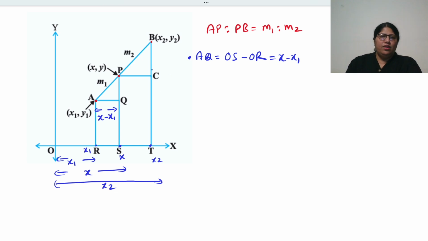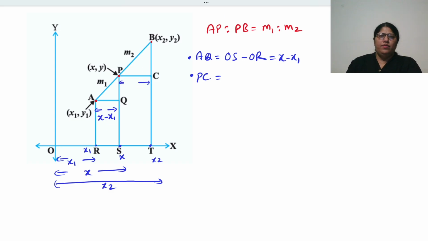Similarly, PC is another horizontal length, of triangle PCB. If you want to find this length, the total length is x2, and if I remove the length till x, I will be left with only this length.